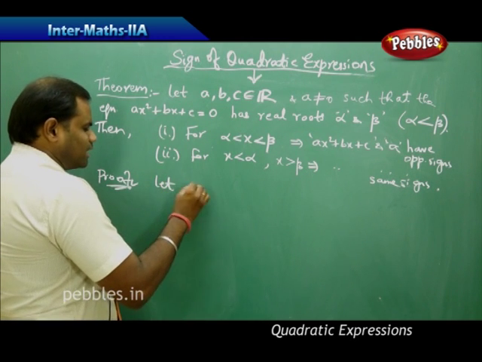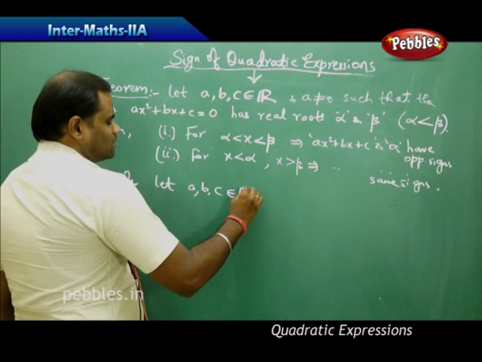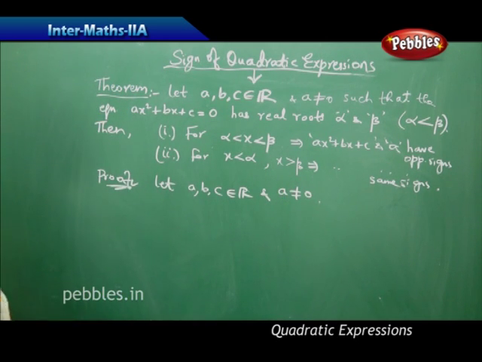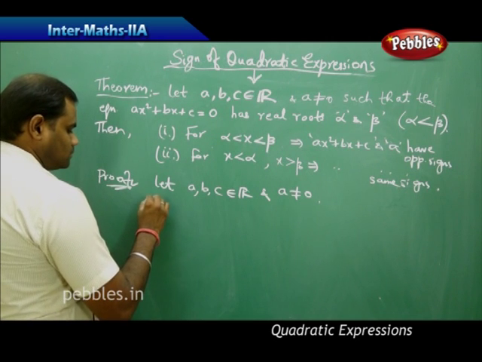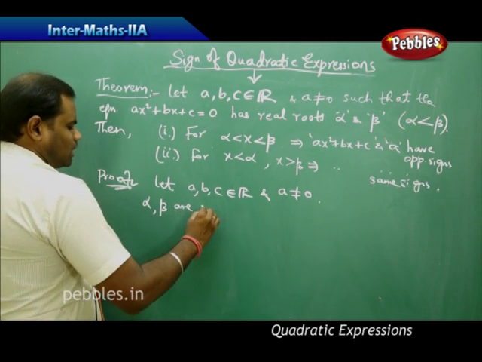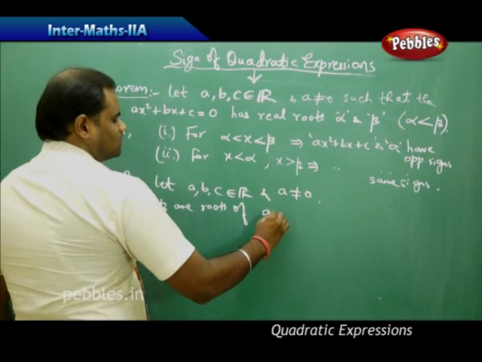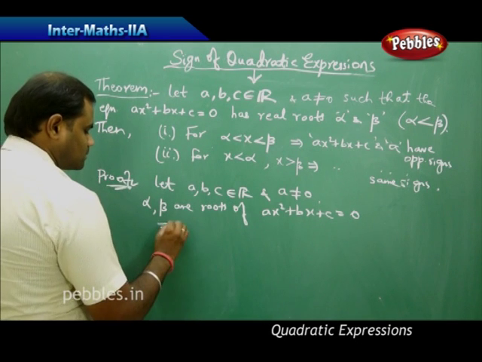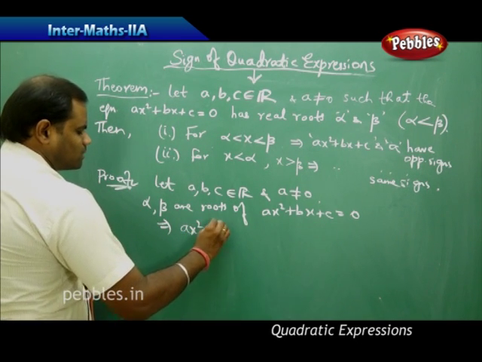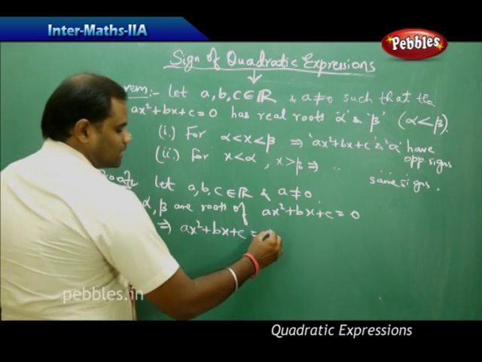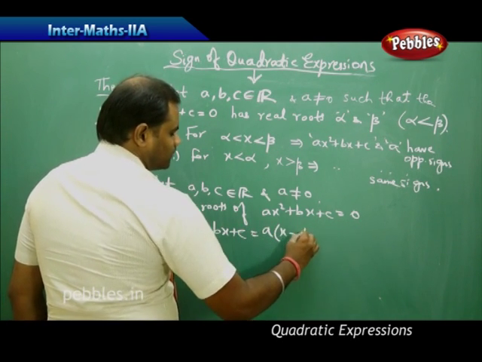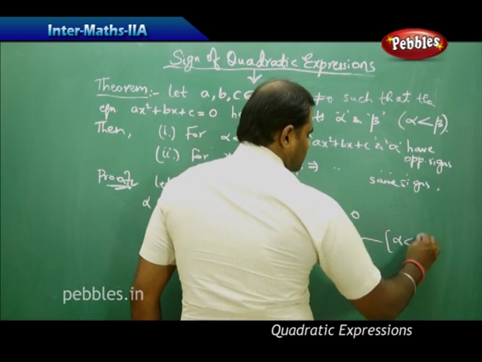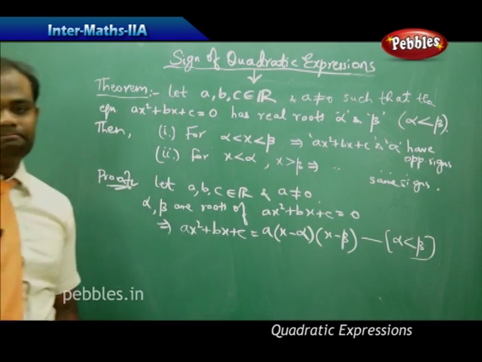So clearly it is given that a, b, c are real numbers and a is not equal to 0, then alpha, beta are roots of ax squared plus bx plus c equal to 0 implies I can write ax squared plus bx plus c as clearly a times of x minus alpha into x minus beta, where I assume alpha is less than beta.